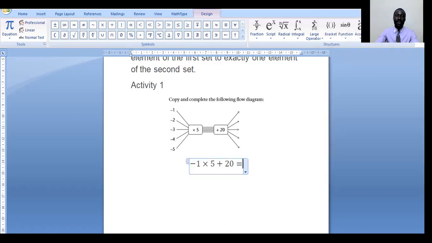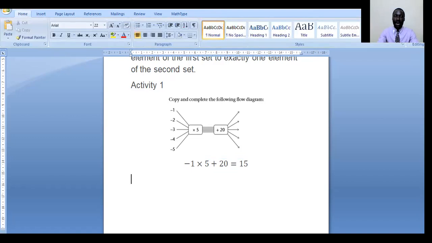So that means for -1 in the first set, the very specific value which is associated with it is 15. Now notice that this 15 is unique to -1. It comes from -1.